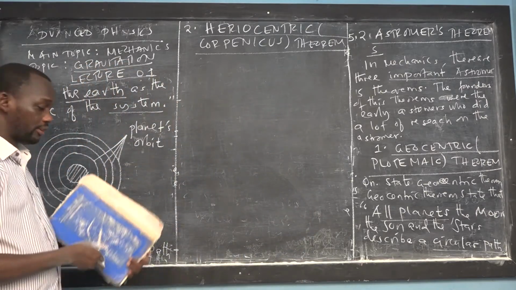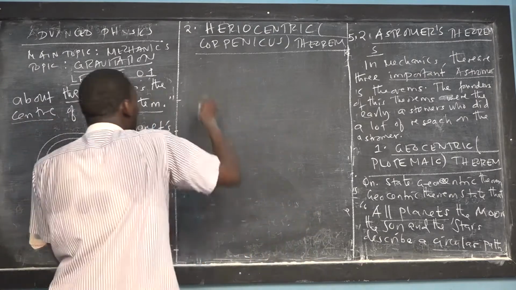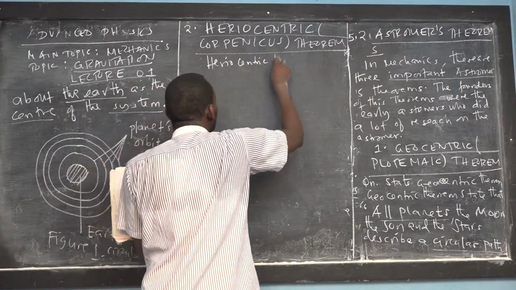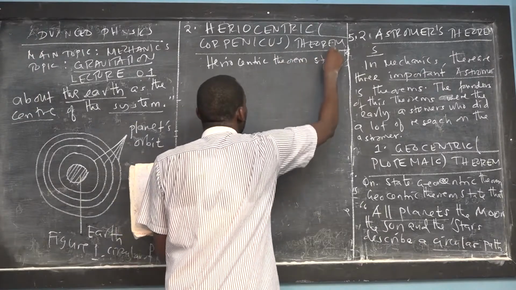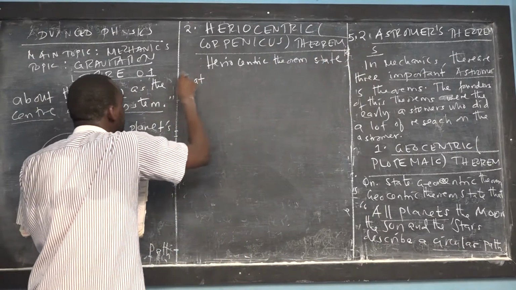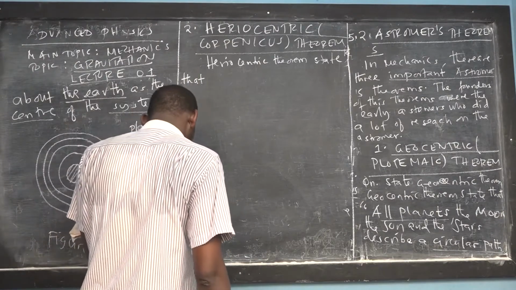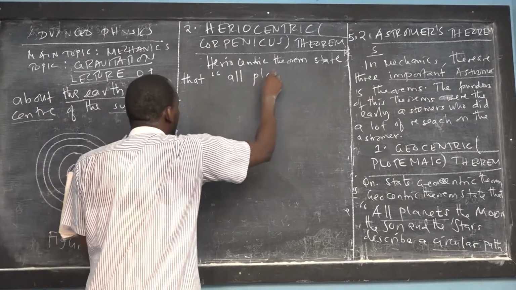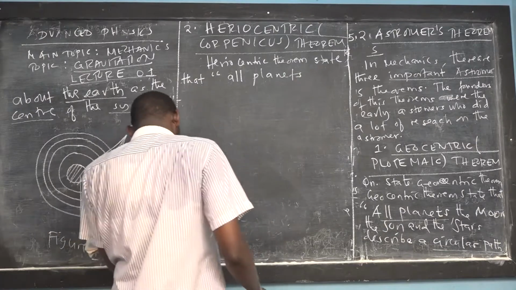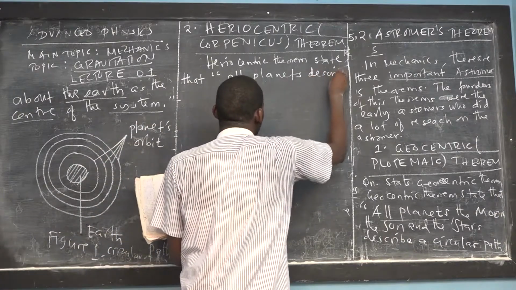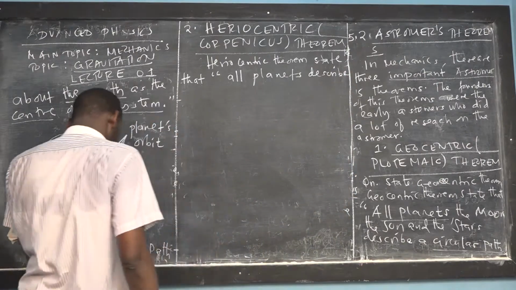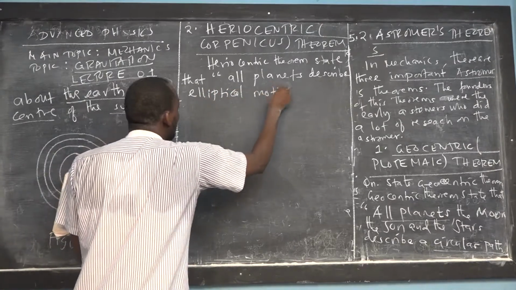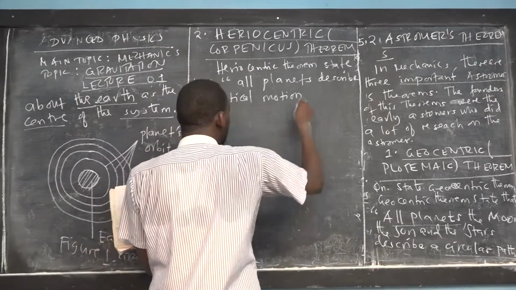Are you ready for that theorem? This is the way it states. The heliocentric theorem states that all planets describe elliptical motion about the sun.